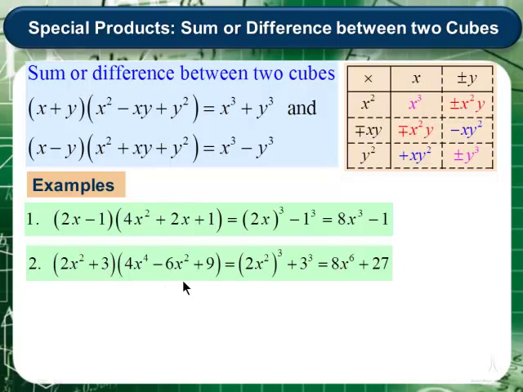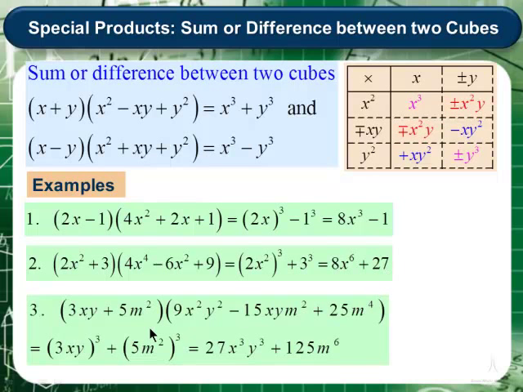The middle term here is just the product of the two terms with a negative, and immediately we may apply the formula for the sum of two cubes in this case, and we have the structure of the answer, the expansion, immediately 2x squared all cubed plus 3 all cubed, which if we simplify we get 8 times x to the power 6 plus 27.